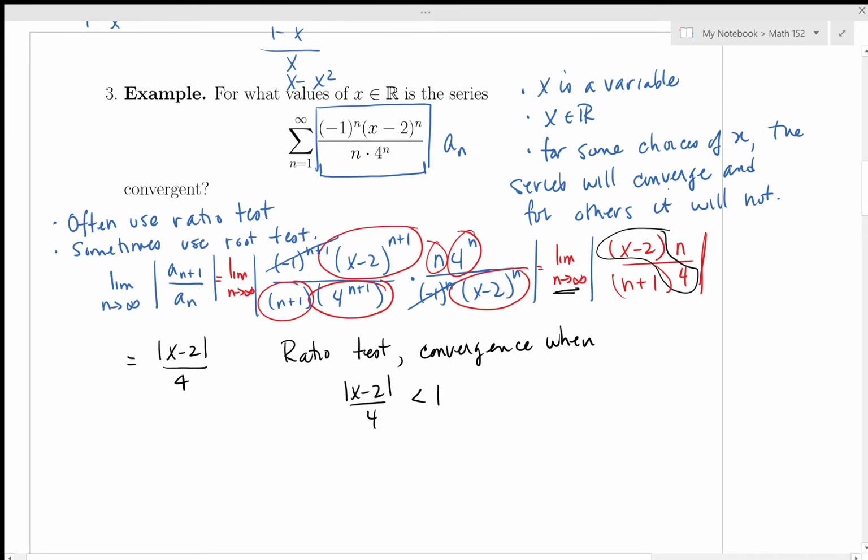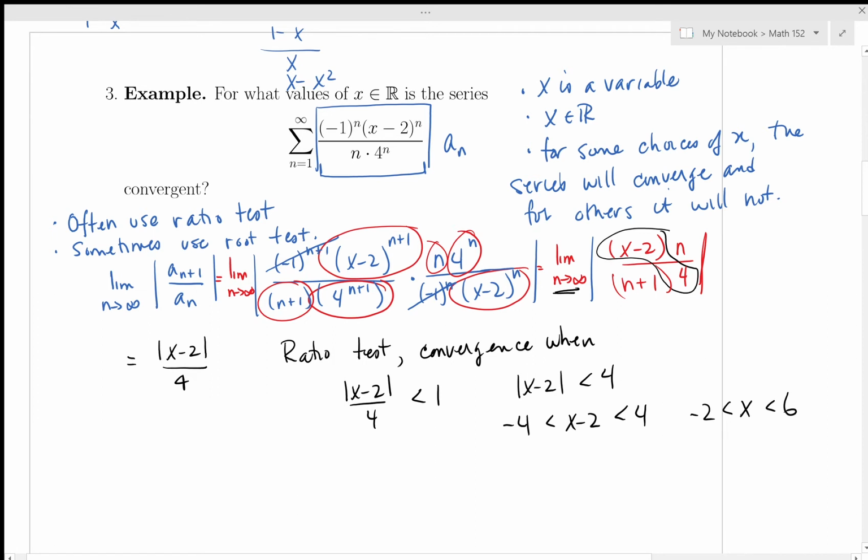Okay, so now I can figure out what that is. That's when this guy is less than 4. And when is that? That is when x minus 2 is less than 4 and greater than minus 4. And then I could add 2 to all sides. So that tells me that x will be between minus 2 and 6.